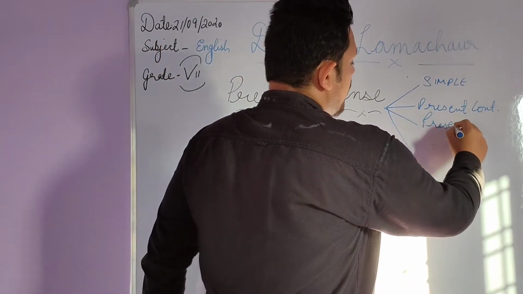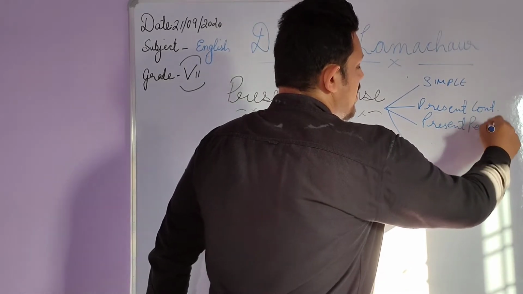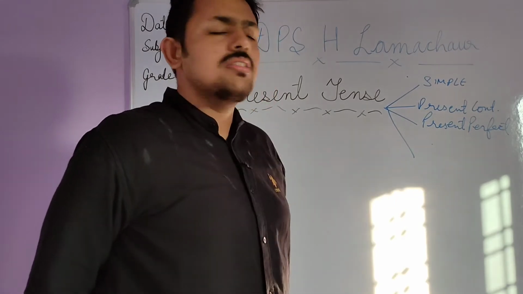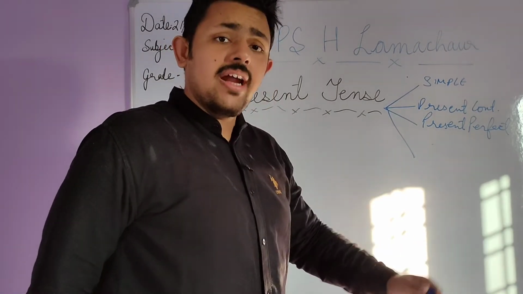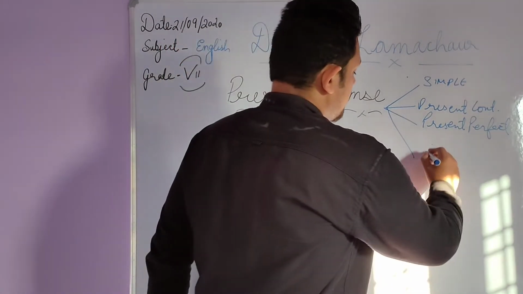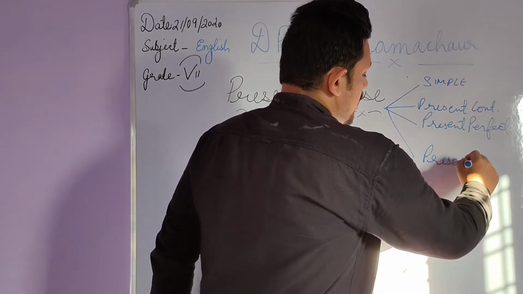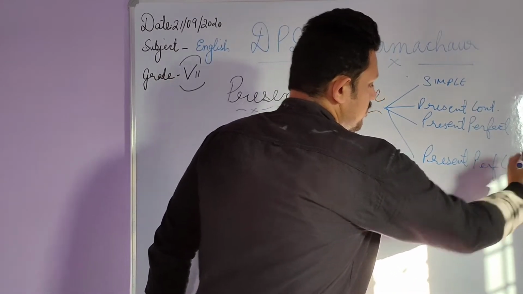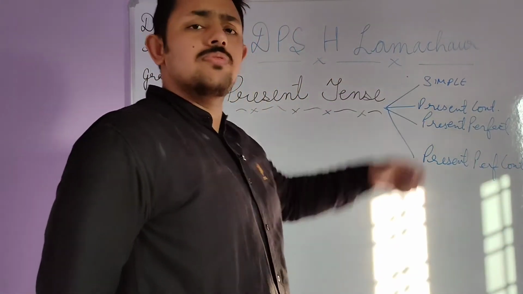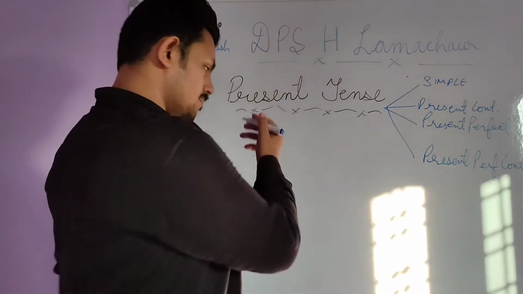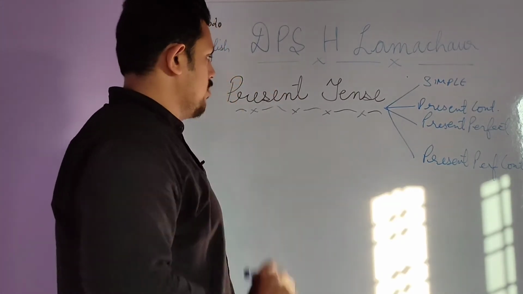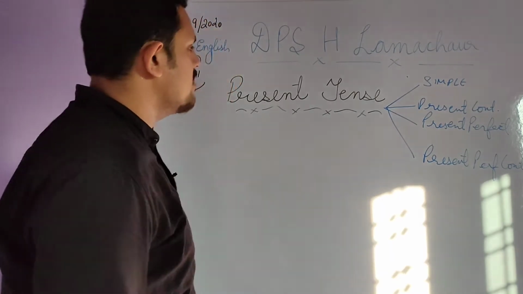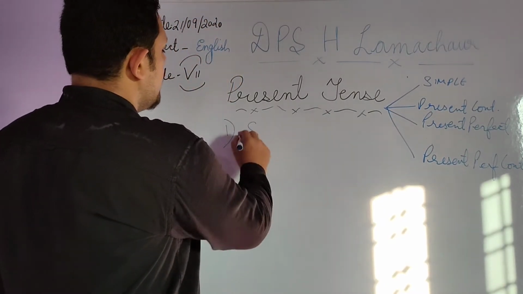And the last is present perfect continuous. These four forms will be there with past tense also and future tense also. But now we are focusing on the present tense. So let's first see what simple present tense is.